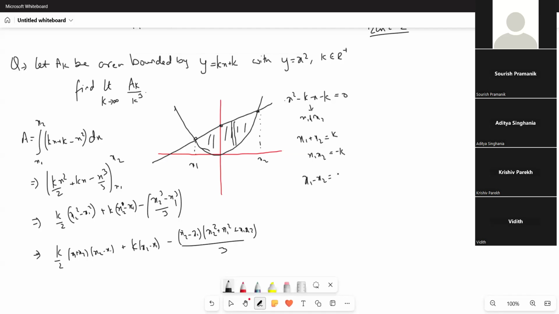Difference of the roots is root d by a, so this becomes root over of k square plus 4k. And substitute here. So x1 plus x2, and this becomes k square into root over of k square plus k by 2 plus k into root over of k square plus 2k minus, and this will become root over of k square plus 4k into x1 plus x2 whole square.